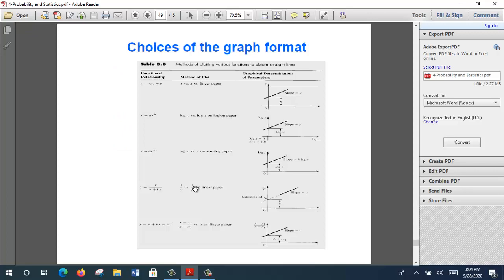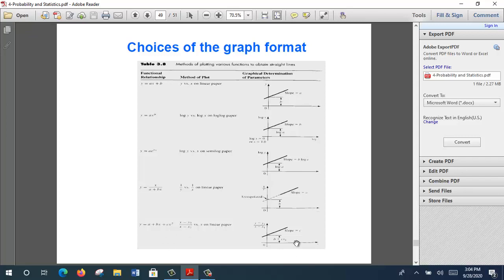Okay, this is the example for the linear relations, not the linear relation with different functions, with respect to the methods for plotting in the graph.